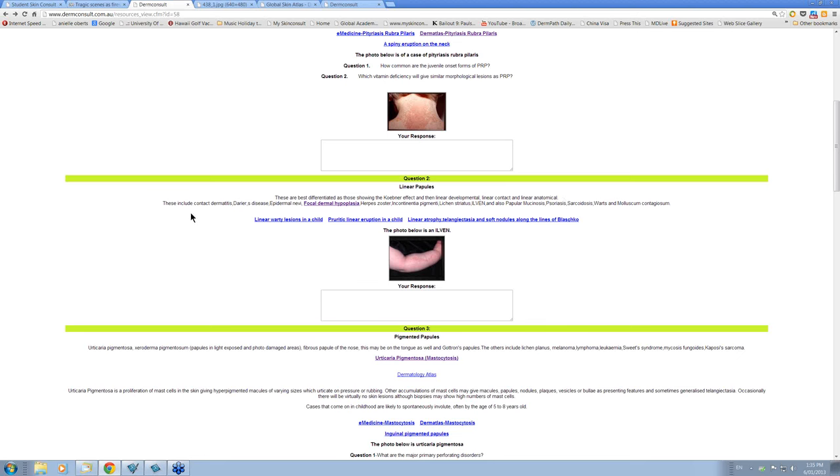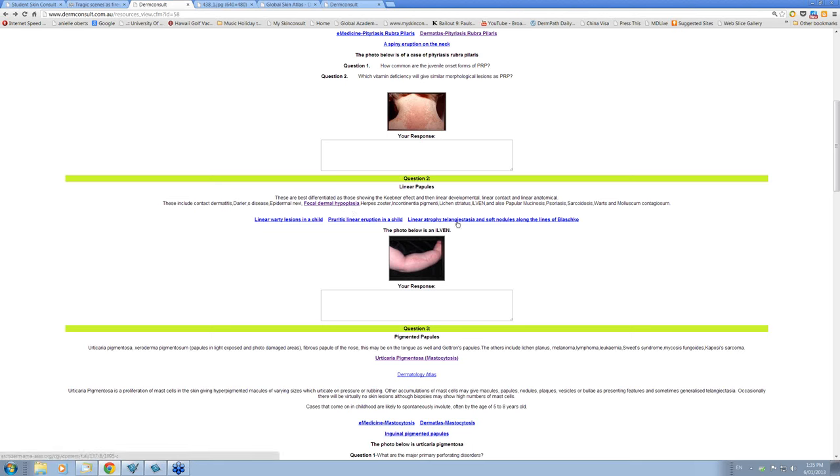So, what conditions will give linear papules? Contact dermatitis, maybe. Darier's, certainly. Epidermal nevi, that's linear developmental. But linear anatomical: focal dermal hyperplasia. Now, that's an interesting condition, Goltz syndrome.